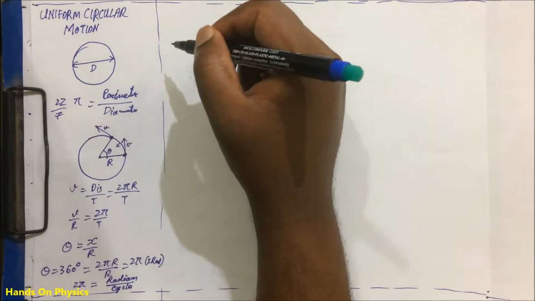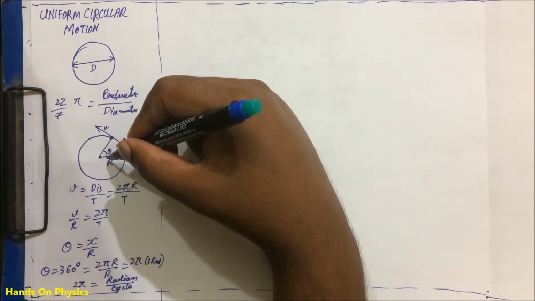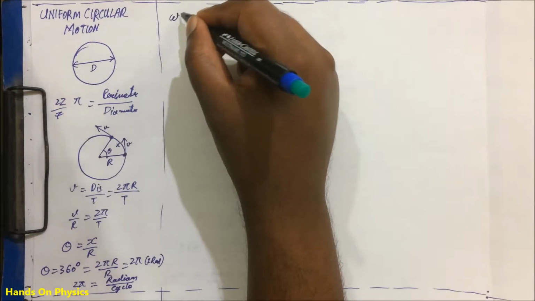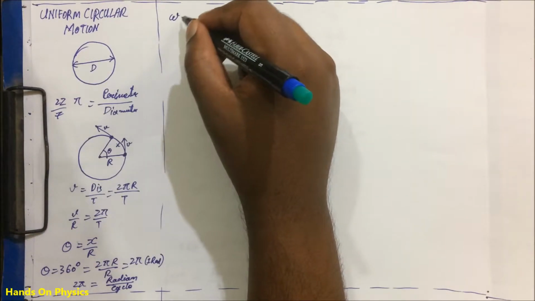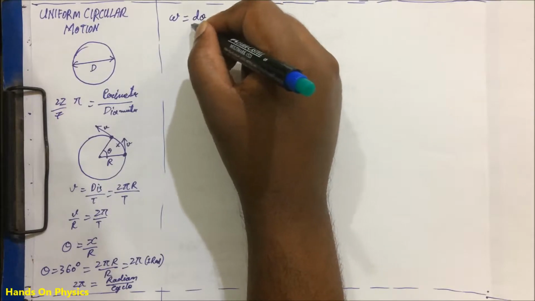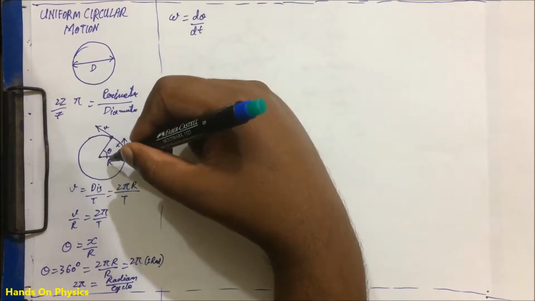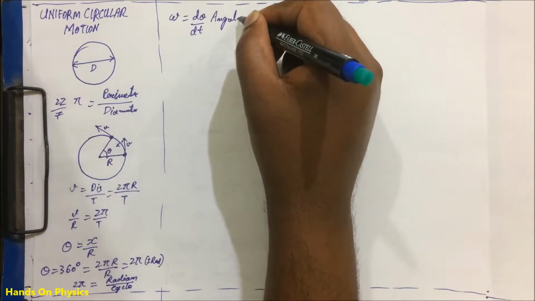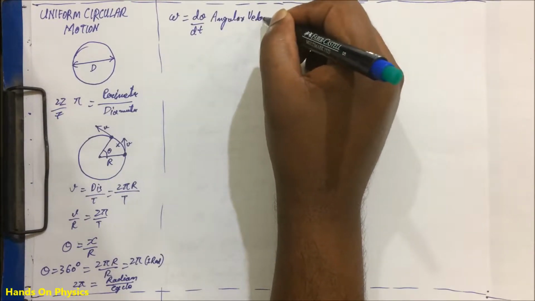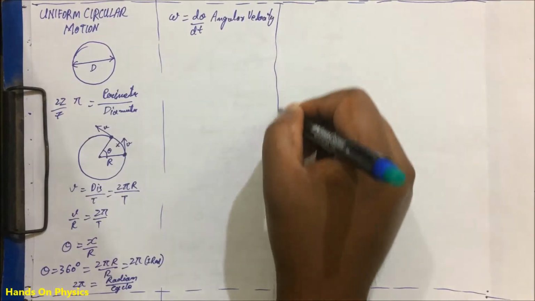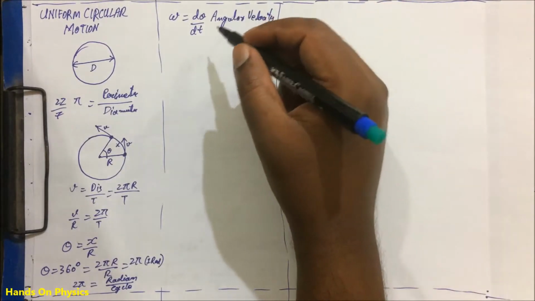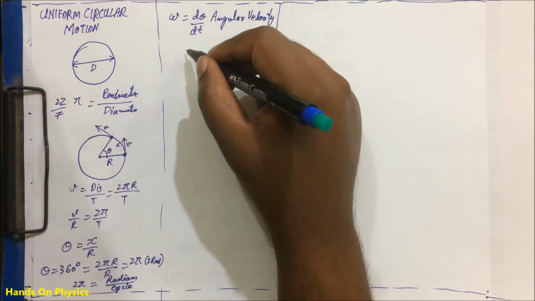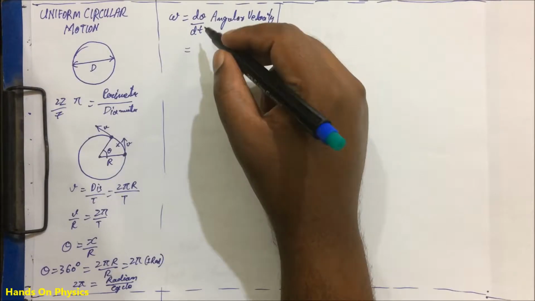Let's talk about the angular velocity, that is, at what rate this theta is changing. Let us say angular velocity omega is d phi by dt, the rate of change of angle. This will be radian per unit time.